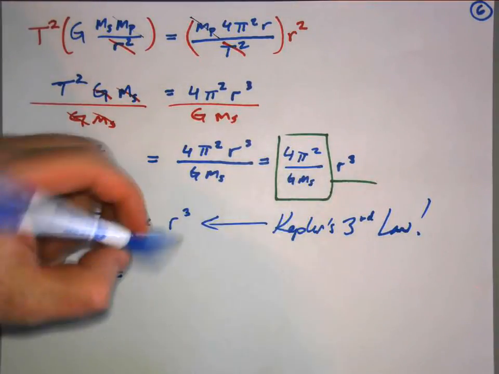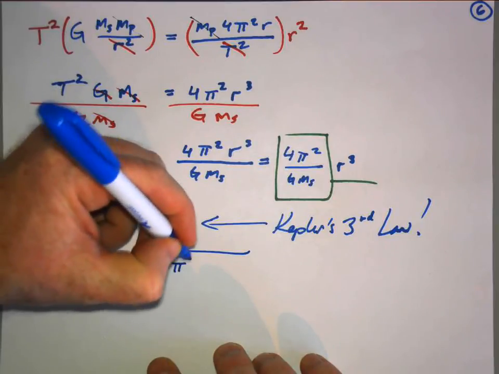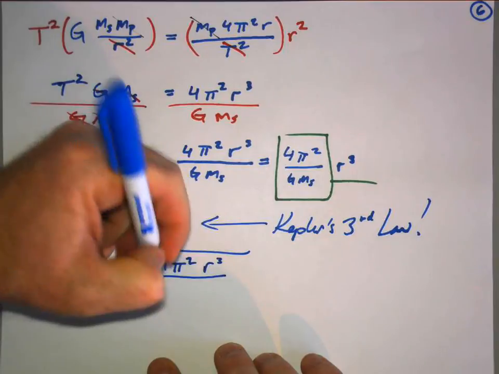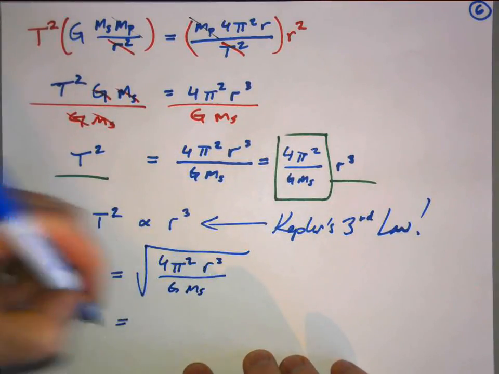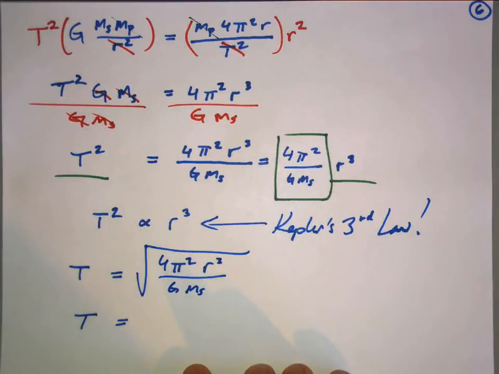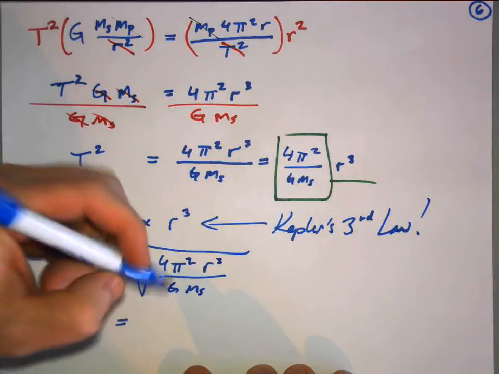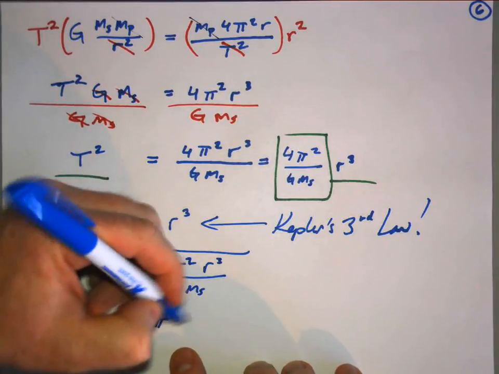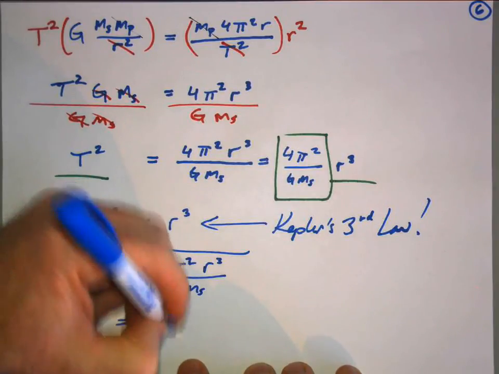Well, I'll show you that. Square root of 4 pi squared r cubed divided by g mass of the sun. And so when you break this down, the square root of 4 is 2, square root of pi squared is pi. You get 2 pi. And you're left with r cubed divided by g divided by mass of the sun, all under the radical.